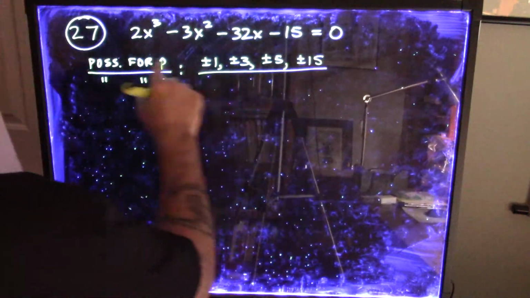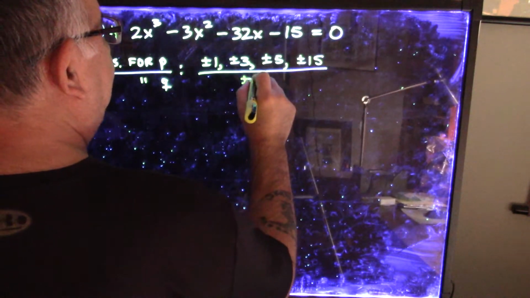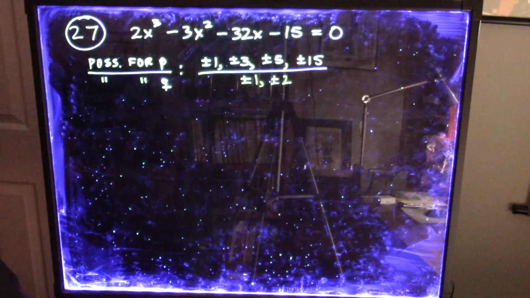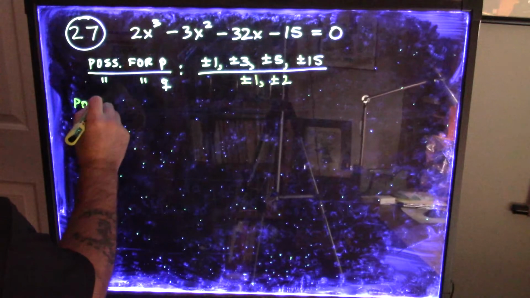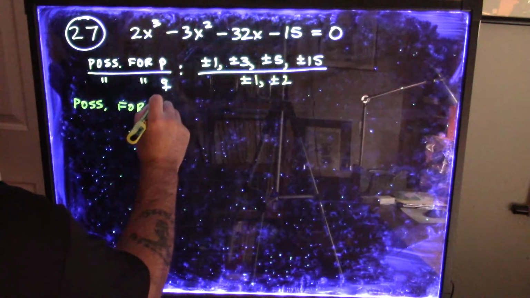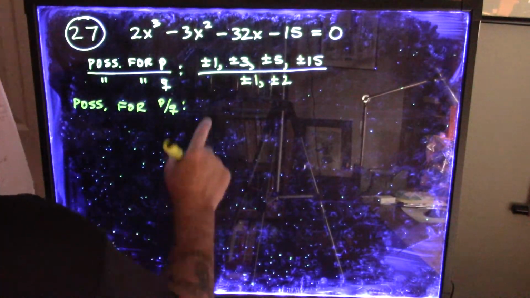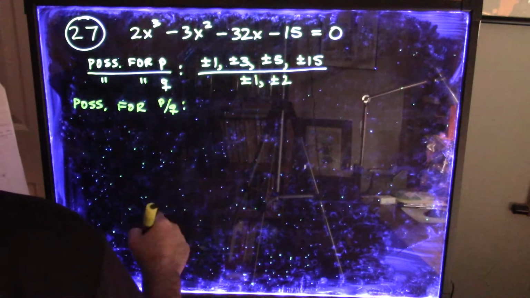And then for 2, the leading coefficient, factors are plus or minus 1, plus or minus 2. Alright. So we can then write the possibilities for P over Q. You can start with the 1 and then put that over the first one in the denominator.